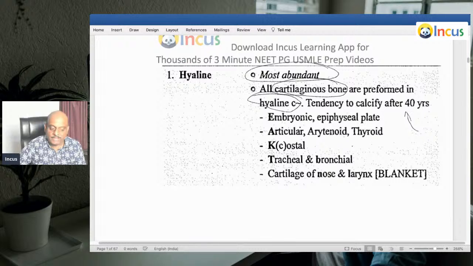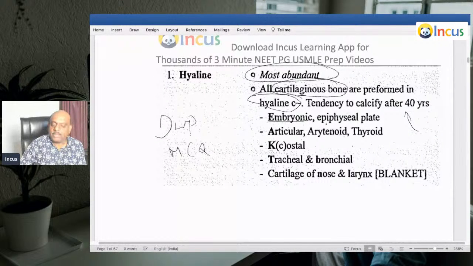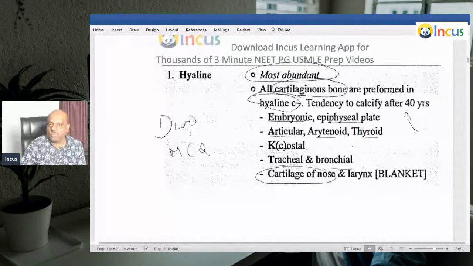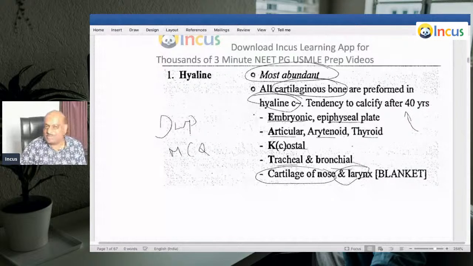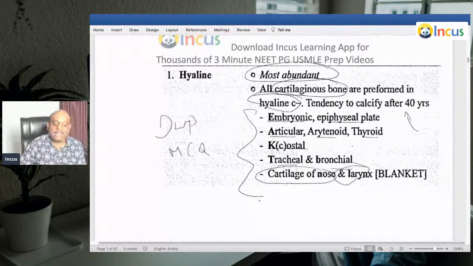So what are the examples of the hyaline cartilage? This is a favorite and important MCQ in tomorrow's exam. Embryonic epiphyseal plate, articular cartilage, arachnoid cartilage, thyroid cartilage, costal cartilage, tracheal cartilage, bronchial cartilage, cartilage of the nose, cartilage of the larynx. You can remember BLANKET, right?